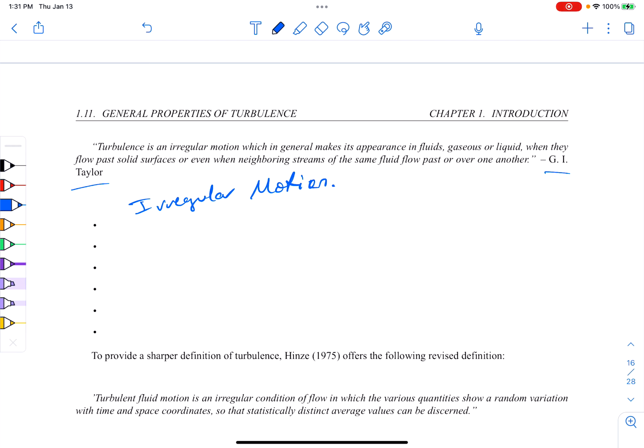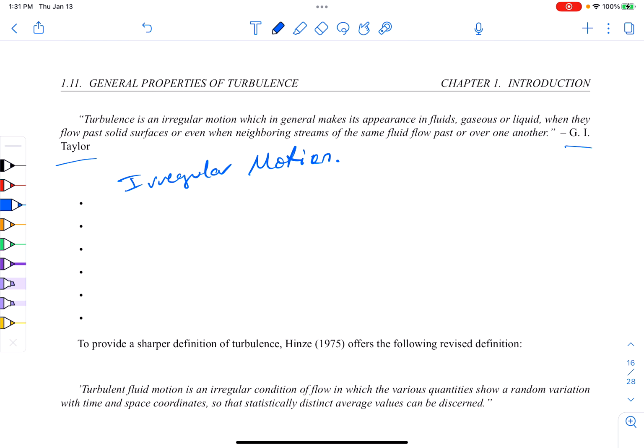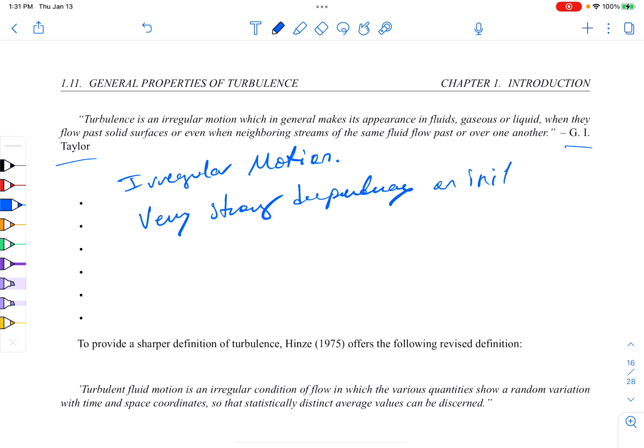Another thing that is maybe not aligned in this definition is that they have a very strong dependency on initial conditions of the flow or boundary conditions. And so that's really where the first computer project is coming in, the high sensitivity of turbulent flow to small perturbations, very small perturbations.